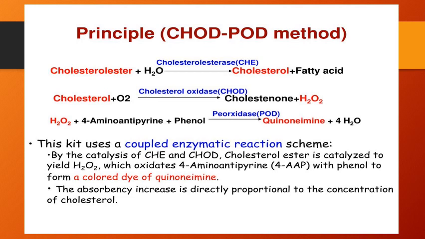The cholesterol released from esterified cholesterol combines with one more enzyme, cholesterol oxidase, and it releases cholestenone and also hydrogen peroxide. This hydrogen peroxide combines with 4-aminoantipyrine and phenol in the presence of the enzyme peroxidase, and it forms a pink to reddish colored compound called quinonimine with the release of 4 molecules of water.